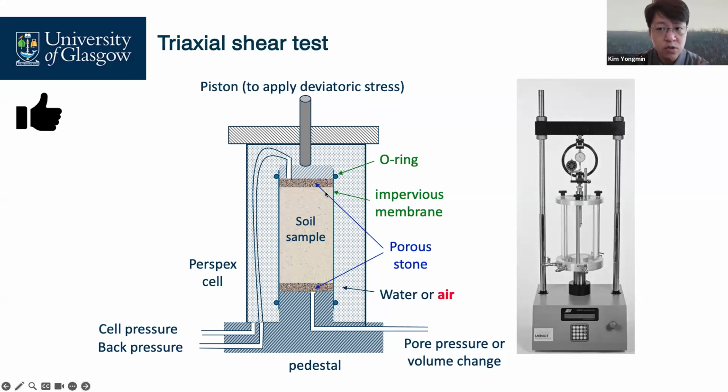Water in the soil tries to be drained through this line, but our valve is closed. It means that once we put pressure sensors in this line, we can measure pore water pressures. So in undrained tests, we always can measure pore water pressure.